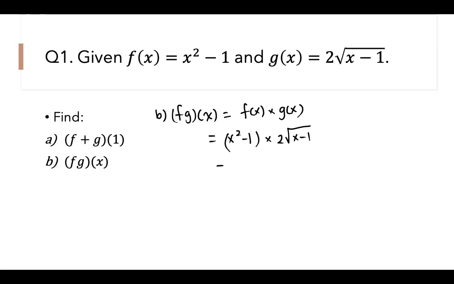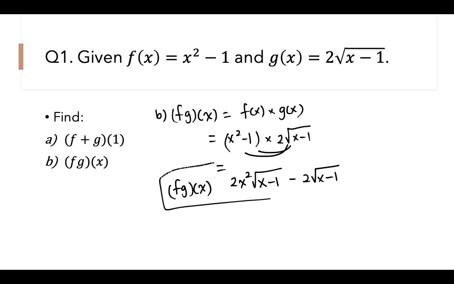So here we're going to use the distributive property. So 2x cubed minus x squared minus 2x plus 1. Unfortunately there are no like terms, so the final answer for this will be this.